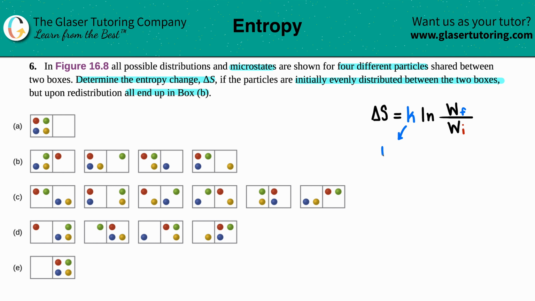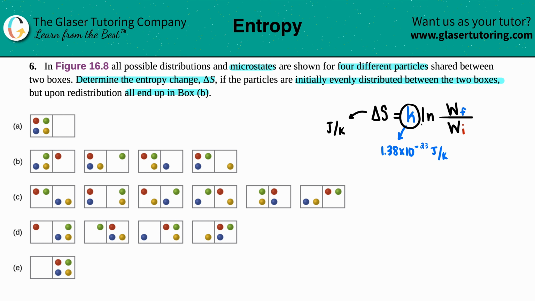This is 1.38 times 10 to the negative 23rd, and the units would be joules per Kelvin. That's why the delta S units are also joules per Kelvin for this formula.